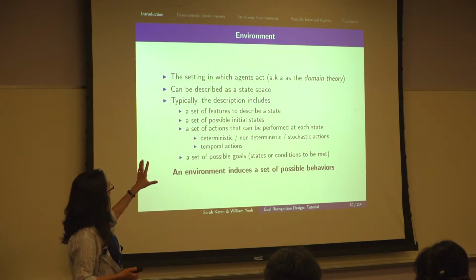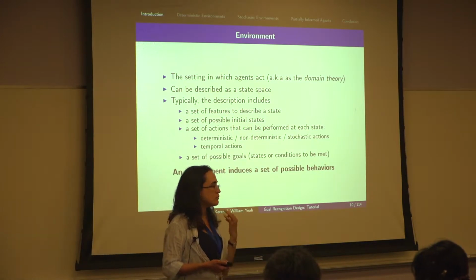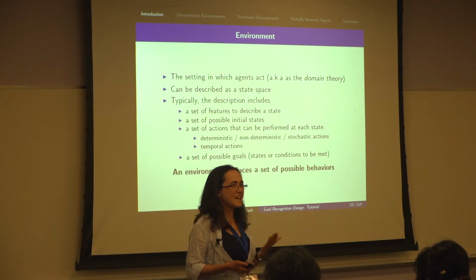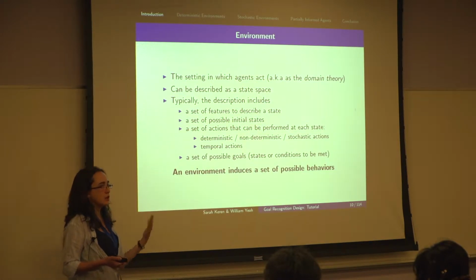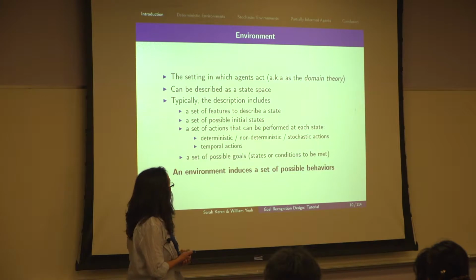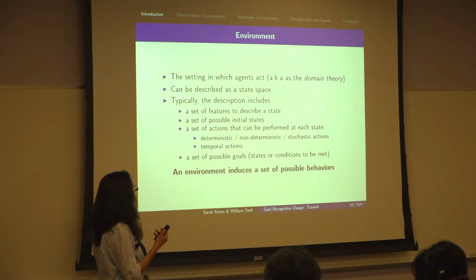I'll actually talk more about this framework later on, but the thing to note here is that the general framework supports any kind of change and actions that can change the environment. So the actions can be deterministic, non-deterministic, stochastic, etc.